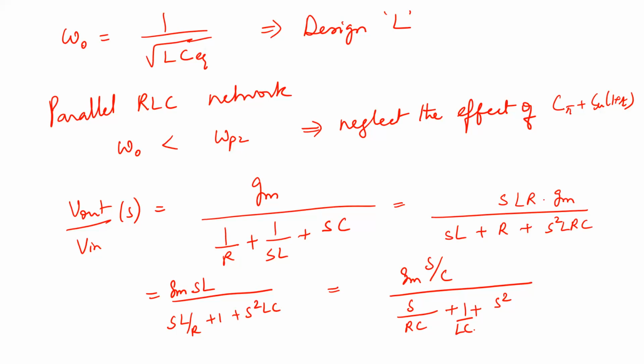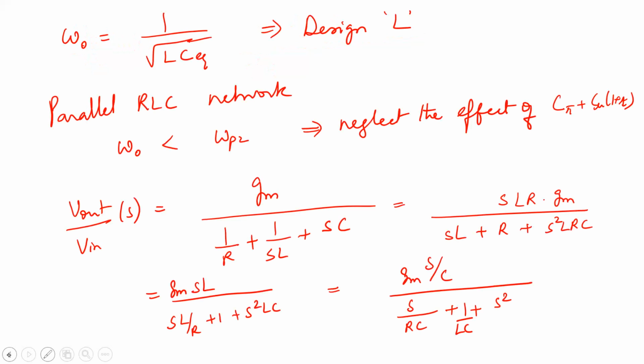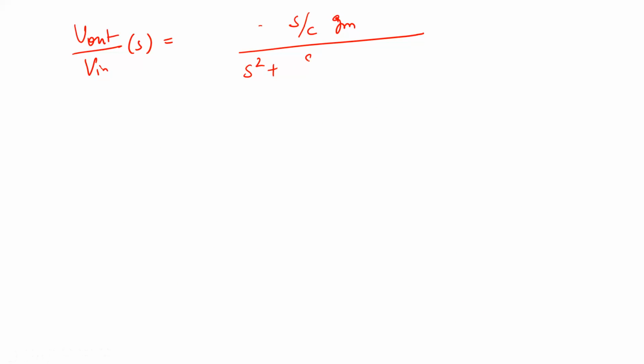And 1 by RC is nothing but 2 times Q. So this becomes a second order network. V out by V in of s becomes s by C times gm divided by s squared plus s by RC plus omega naught squared.